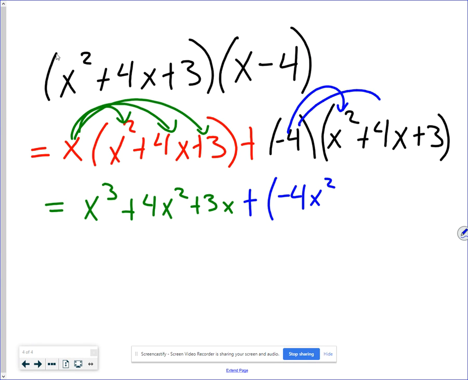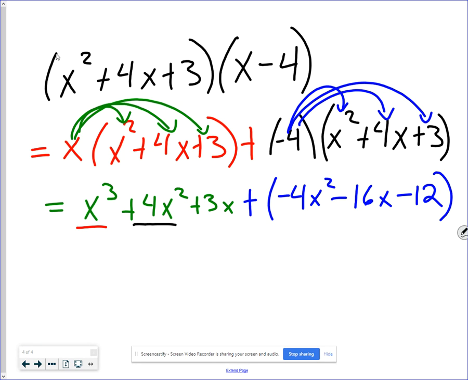Negative 4 times 4x is minus 16x, and negative 4 times 3 is minus 12. So let's get all of our like terms together. We only have 1x cubed. Here we have a 4x squared and a minus 4x squared. Here we have a 3x and a minus 16x. And then here we just have a minus 12.